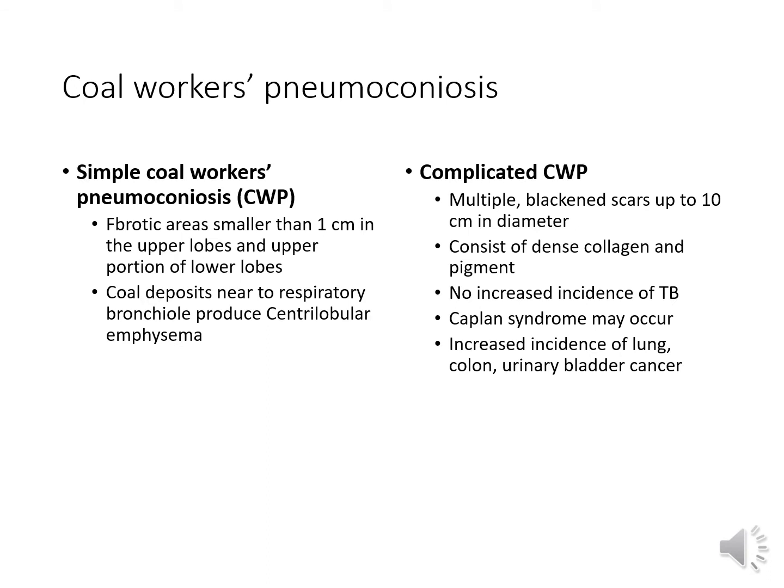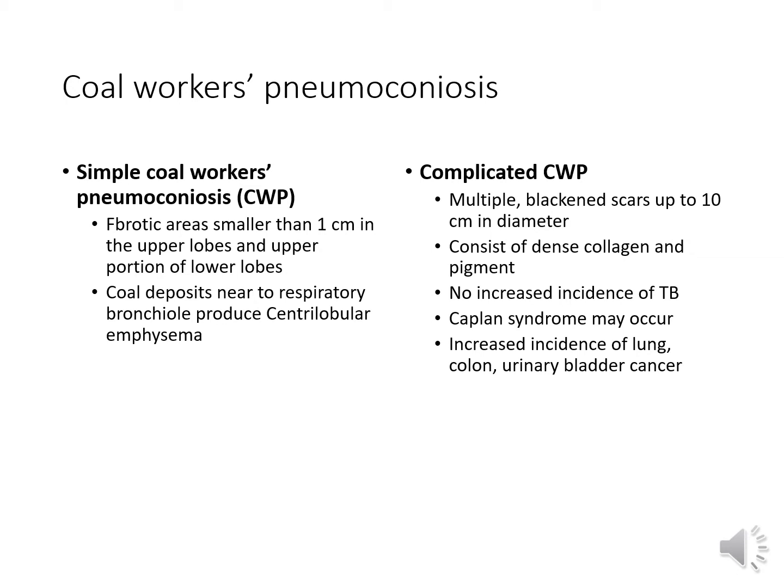Simple coal workers pneumoconiosis is characterized by the presence of fibrotic areas. They are small, in the upper lobes and the lower lobes. The coal deposits near the respiratory bronchiole to produce centrilobular emphysema.